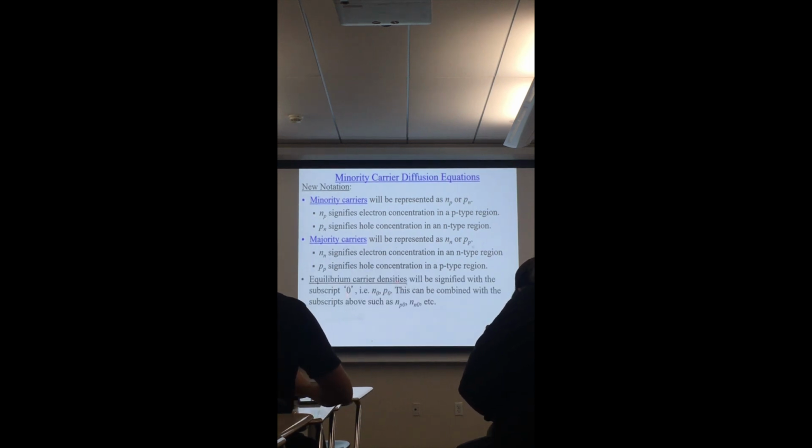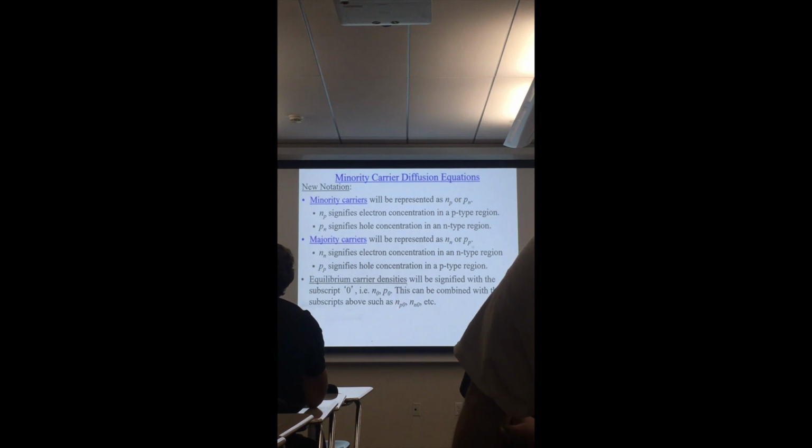And sometimes we also add the subscript 0 here. So this basically means the equilibrium condition, right? This 0 means equilibrium condition. And it can combine with the subscript above, so we can have n sub p0 or n sub n0. So this would be the equilibrium electron concentration in the p-type region, the equilibrium minority electron concentration, right?